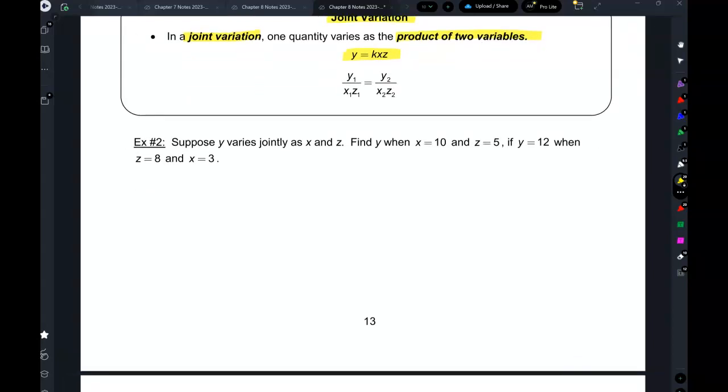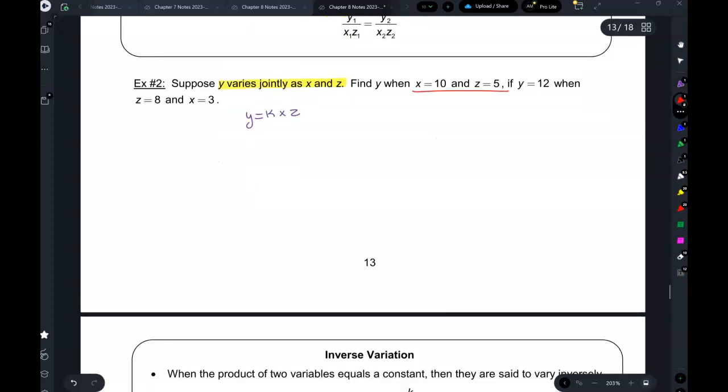Suppose y varies jointly as x and z. You read that sentence and you say y equals kxz. This is the y equals k part, and then x times z. Now find y when x is 10 and z is 5.